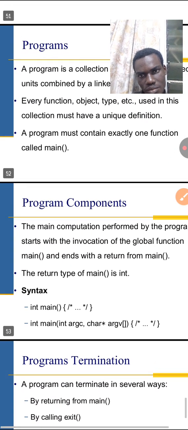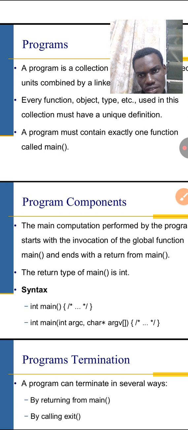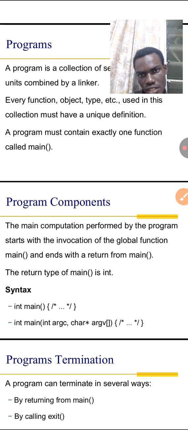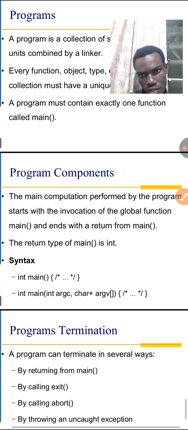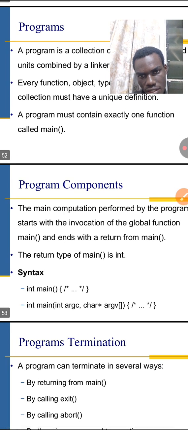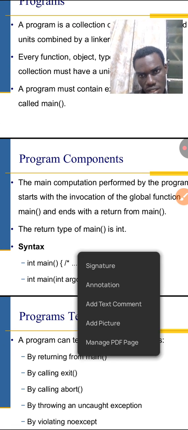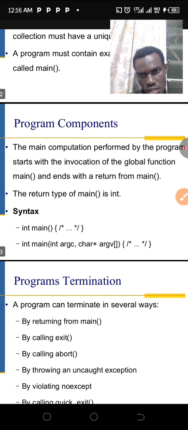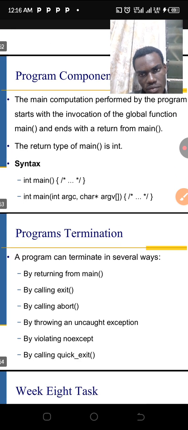We will look at program components. The main computation performed by the program starts with the invocation of the global function main and ends with the return from main. The return type of main is int, and here is an example. These are the ways which you can use them.